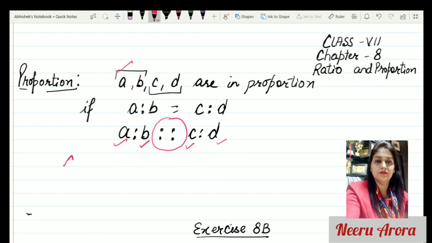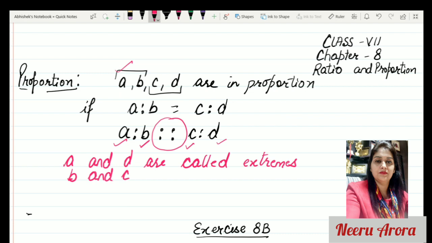In this, A and D are called extremes, or extreme terms, you can say. B and C are called means.